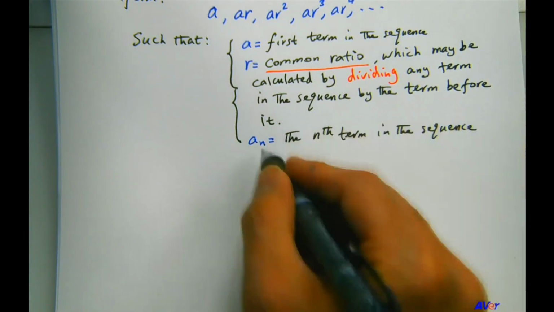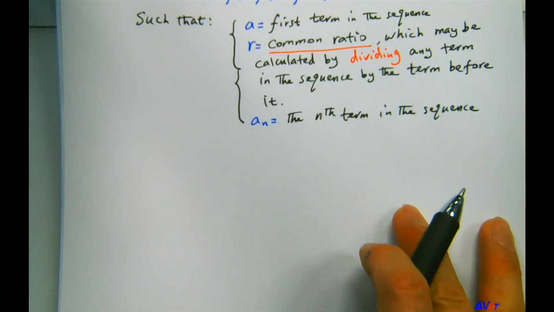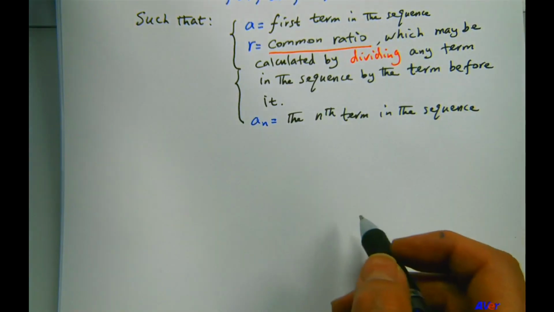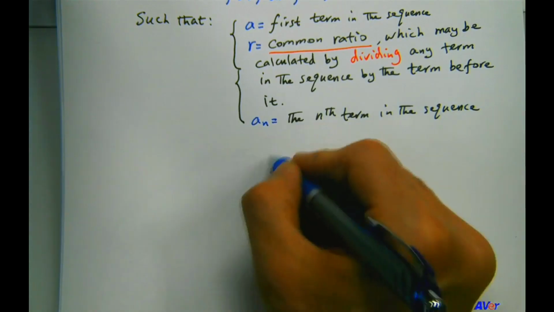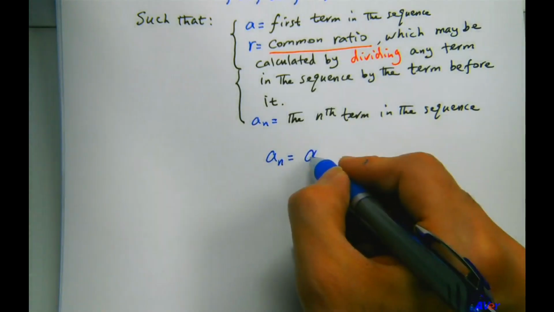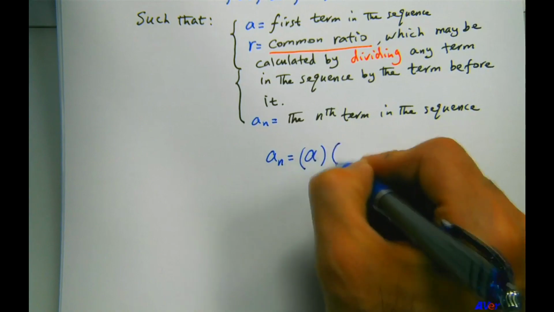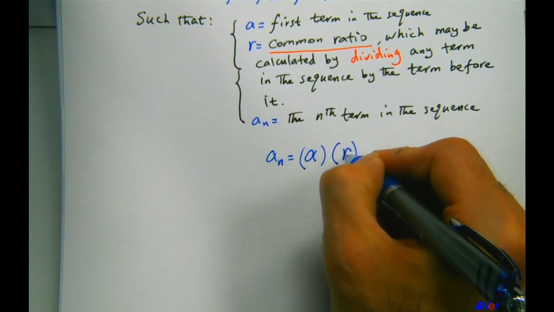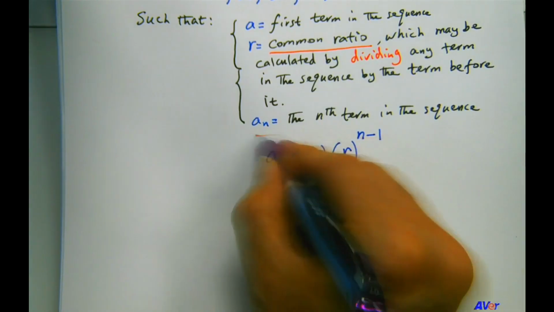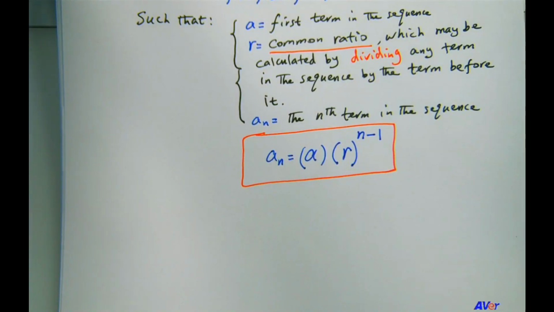It's basically referring to the formula we can use to find various terms within any geometric sequence. And here's the formula. a_n is equal to a, the first term in the geometric sequence, times r, which is the common ratio, to the n minus 1 power. So this is the general formula for any geometric sequence.